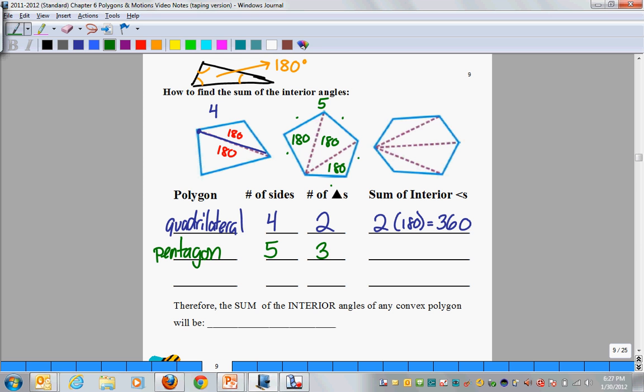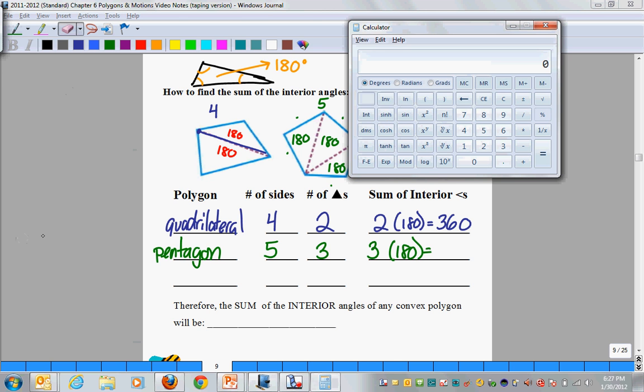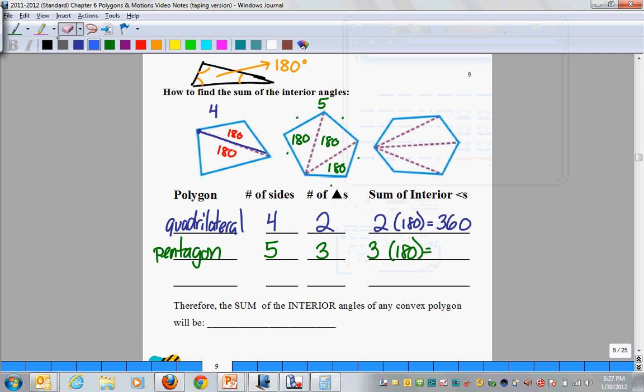So if I want the sum of the interior angles of a pentagon, I'm going to go 3 times 180. And of course that's 540. So I'm going to know that pentagons must add up to 540.